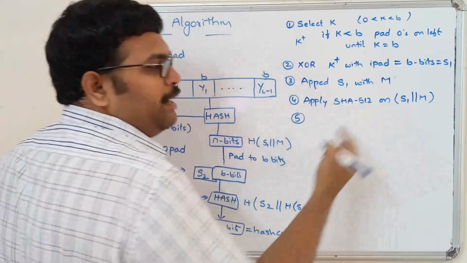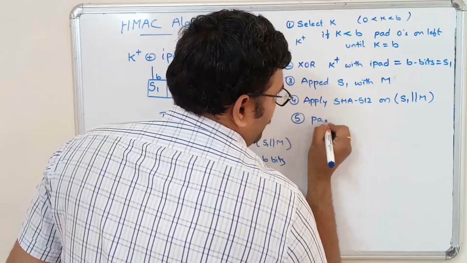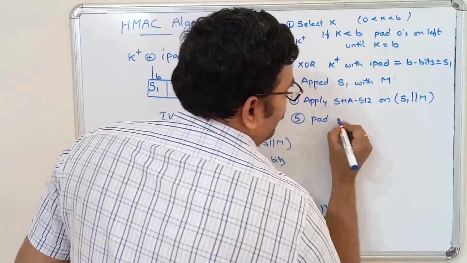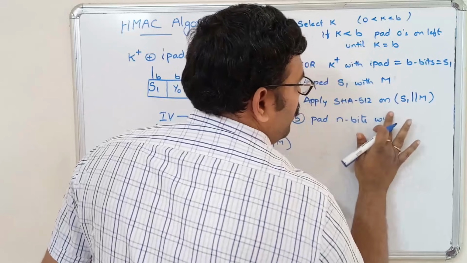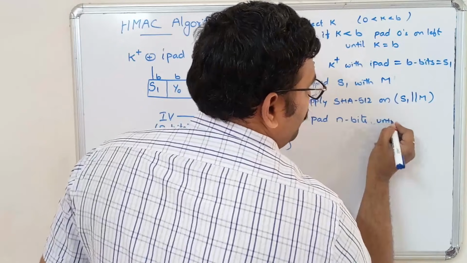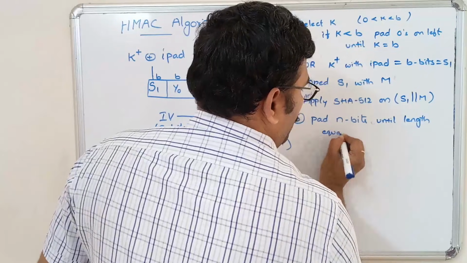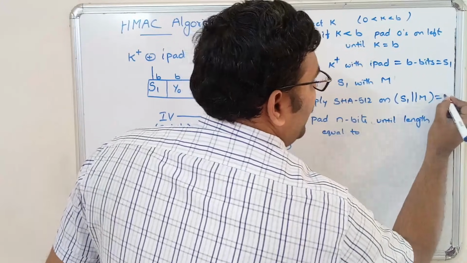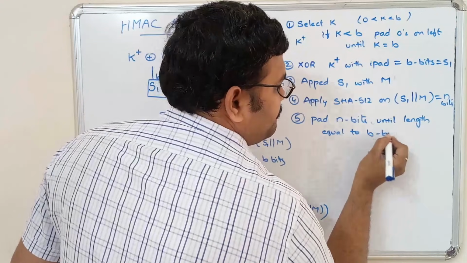Next, so that we will get n bits. Then again pad n bits until length equal to, so this is n bits, length equal to b bits.